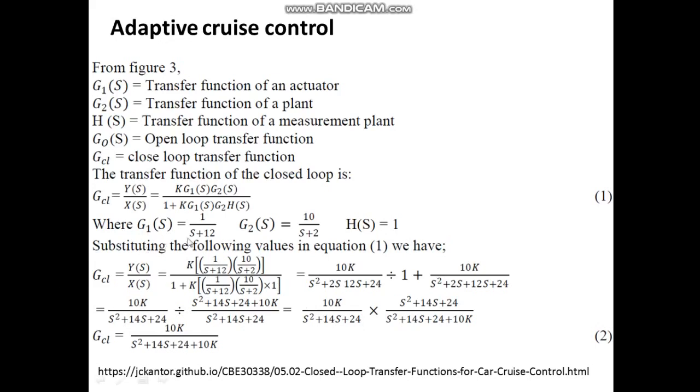Here G1(s) is considered as 1 upon s plus 12, G2(s) is considered as 10 divided by s plus 2, and H(s) is considered as 1. These values are taken from some assumptions which we put in the equation of the transfer function of the closed loop system, so that we get the final answer as 10K divided by s squared plus 14s plus 24 plus 10K. So this will be considered as the transfer function for the closed loop system.